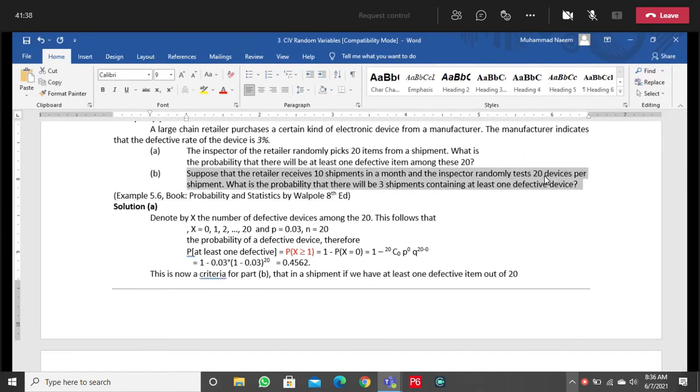Suppose that a retailer receives 10 shipments. Now we draw a sample of 10 shipments. And the retailer inspector randomly tests 20 devices per shipment. He draws a sample of 20 per shipment.